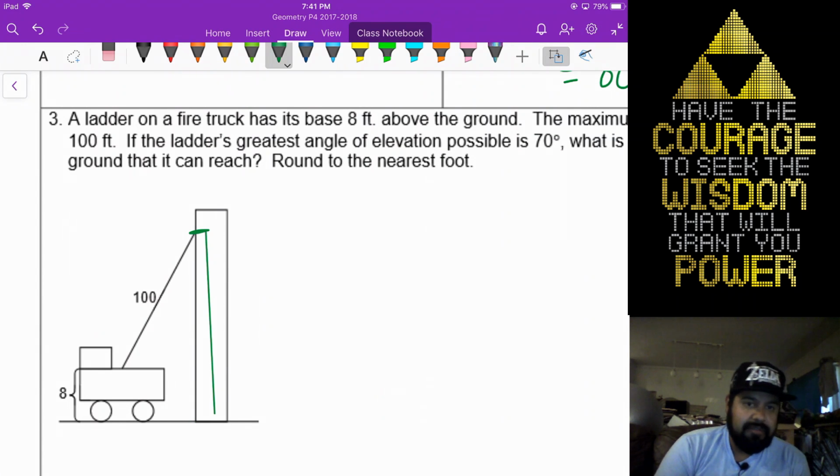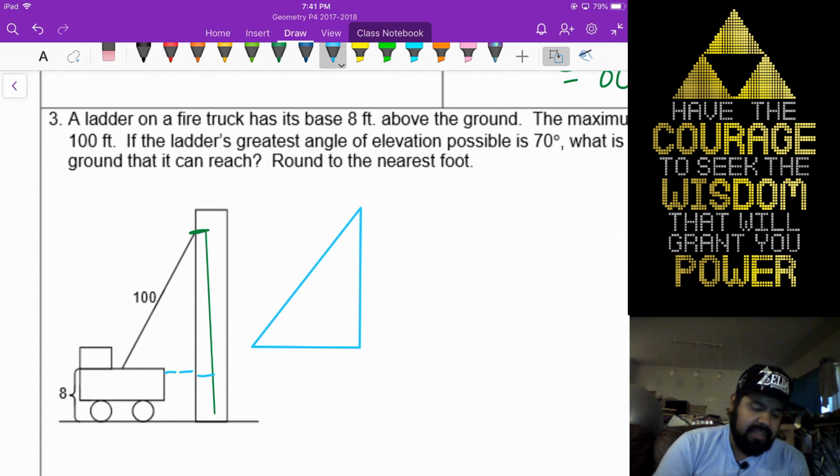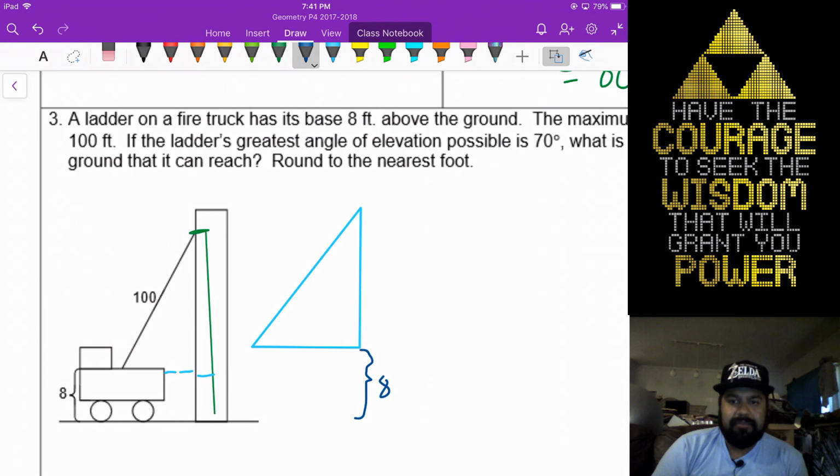To get that total height, we need to incorporate the fact that part of the height creates a right triangle, while the other part of the height comes from the distance between the ground and the truck. So this is 8 feet no matter what. I'm going to hold that off to the side, and we're going to incorporate it into our answer in the end.